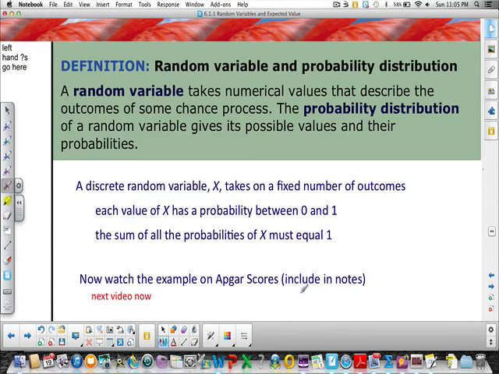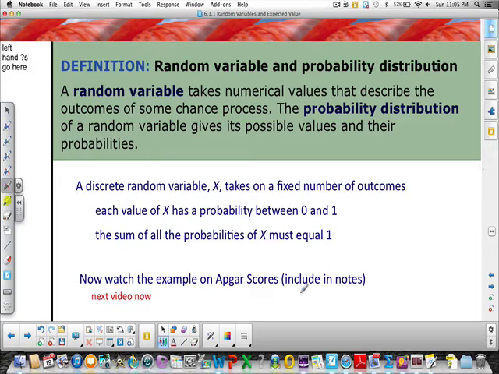Okay, so a random variable and a probability distribution. A random variable takes numerical values that describe the outcomes of some kind of chance process. And basically all we're doing here is what we did in the very last chapter with our probability models, looking at the sample space and the probabilities of each value in the sample space.